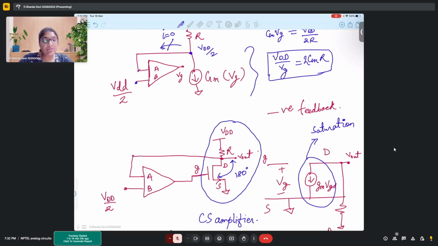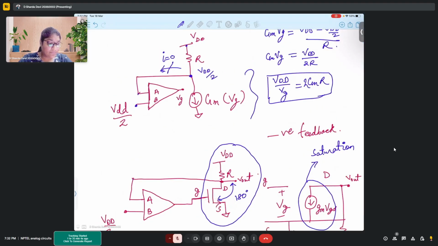Clear, madam. Is the op amp having an output current IG? Yes, output current. Okay, but here since it is connected to the gate of the MOSFET, there should not be any output current. But there is definitely output resistance, right?